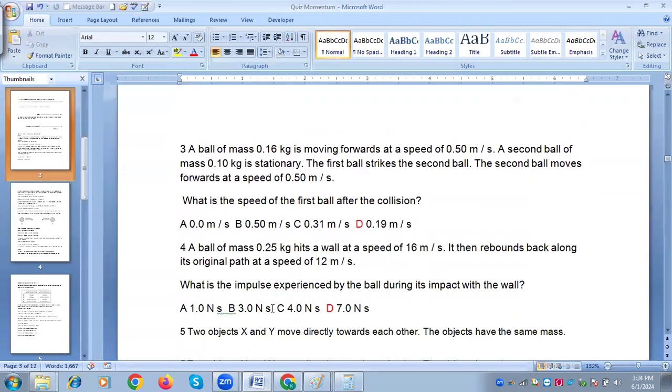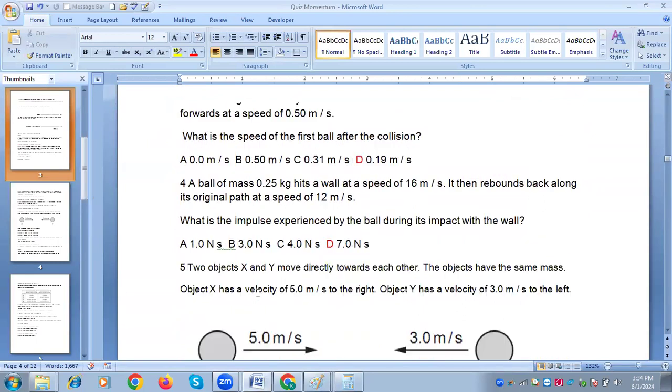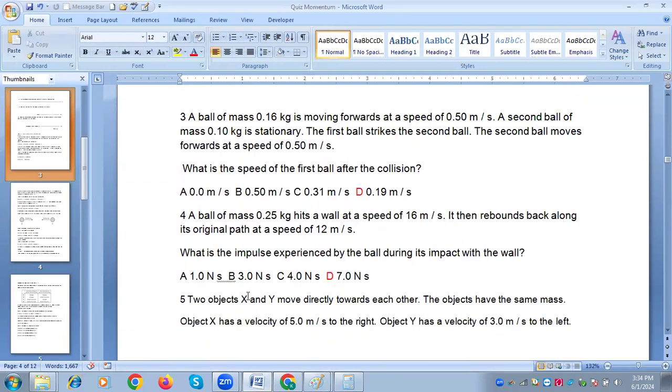In the worksheet, there are the MCQs at the beginning, and then there are some structured questions from both IGCSE and GCE. Okay, a ball of mass 0.16 kg is moving forward at a speed of 0.5 meter per second. A second ball of mass 0.1 kg is stationary. The first ball strikes the second ball. The second ball moves forward at a speed of this. What is the speed of the first ball after collision?